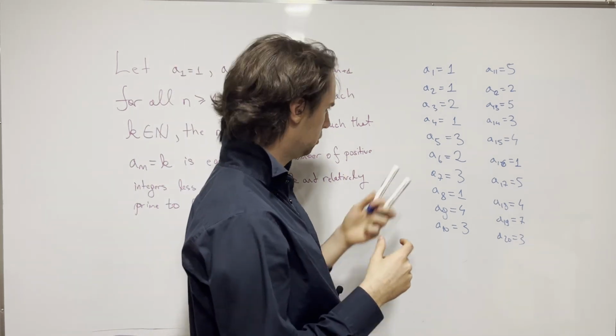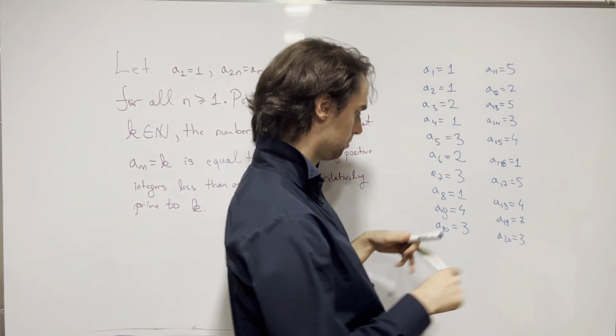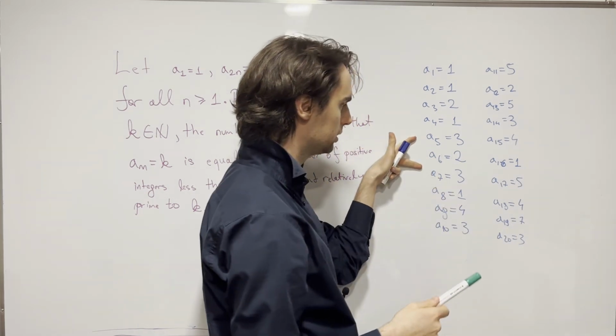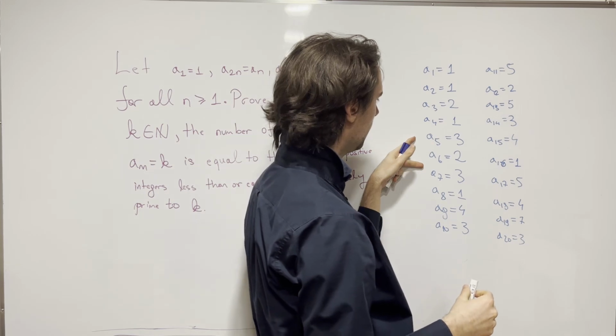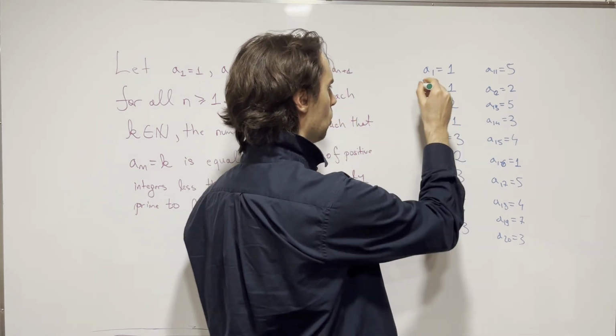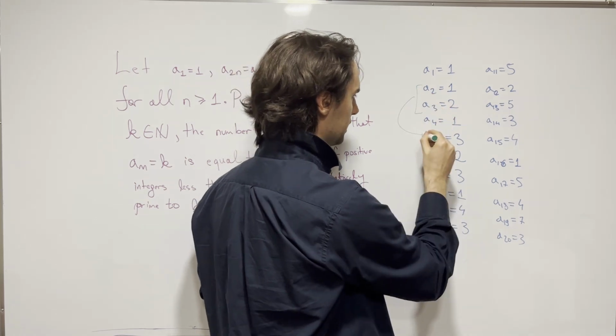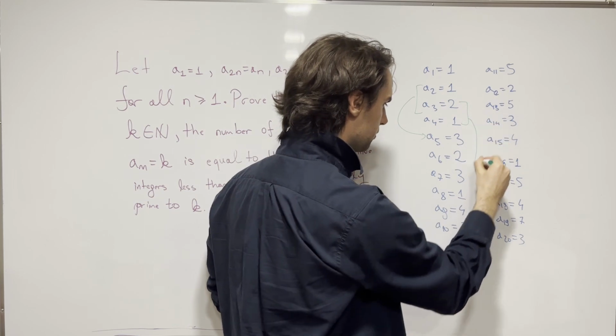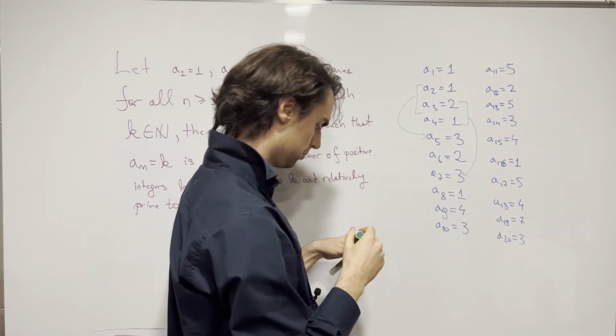Now, what you see is for, say, number 3, you'll get two odd numbers such that we have 3. And they were formed by adding: 1 plus 2 gave us a_5, and then 2 plus 1 gave us a_7, right?